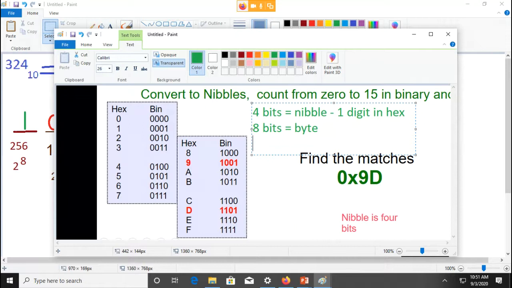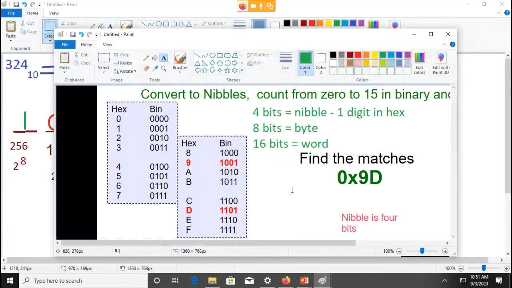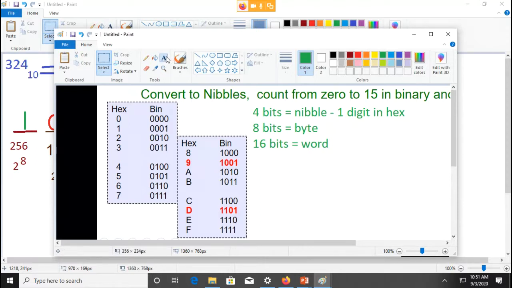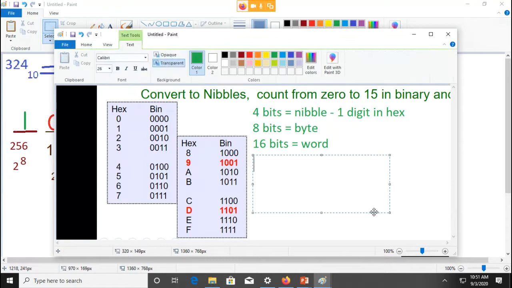If you take 16 bits, that gives you what we refer to as a word. So 16 bits gives you a word. And 32 bits gives you what's referred to as a double word.